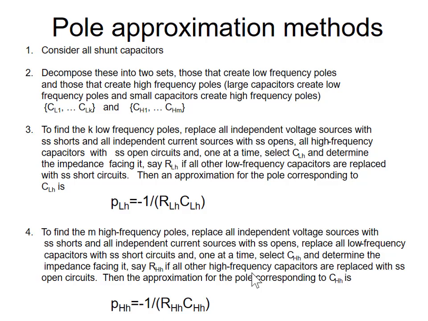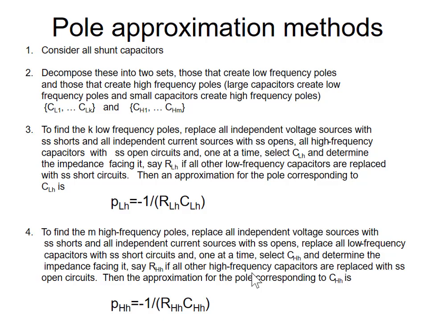Low frequency poles might be in the sub-audio range. High frequency poles might be approaching the gigahertz range. There's oftentimes orders of magnitude separation of those poles. So the frequency response of the amplifier is pretty much determined by the lowest high frequency pole and the highest low frequency pole. Make sense?